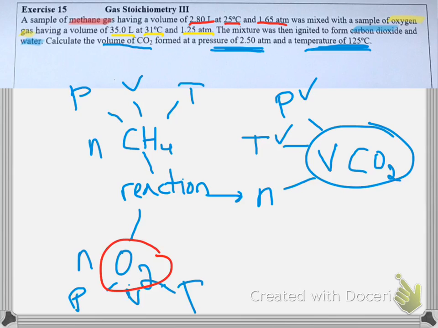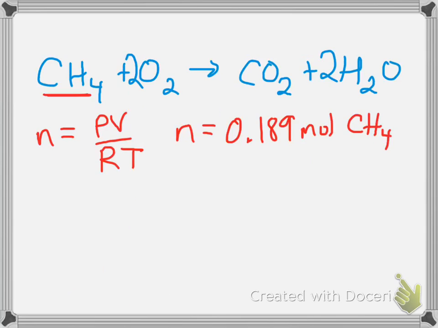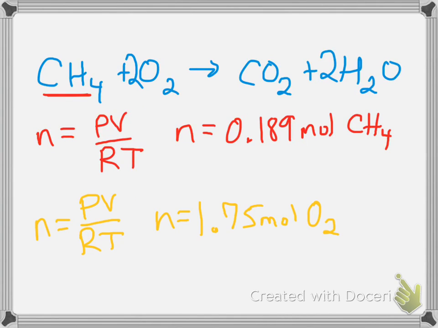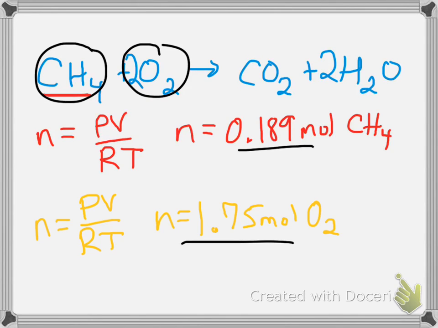We have 35 liters, 31 degrees, and 1.25 atm. We're doing the same thing, and hopefully when you plug in all those numbers, you get 1.75 moles of oxygen. So we have 0.189 moles of methane and 1.75 moles of oxygen.